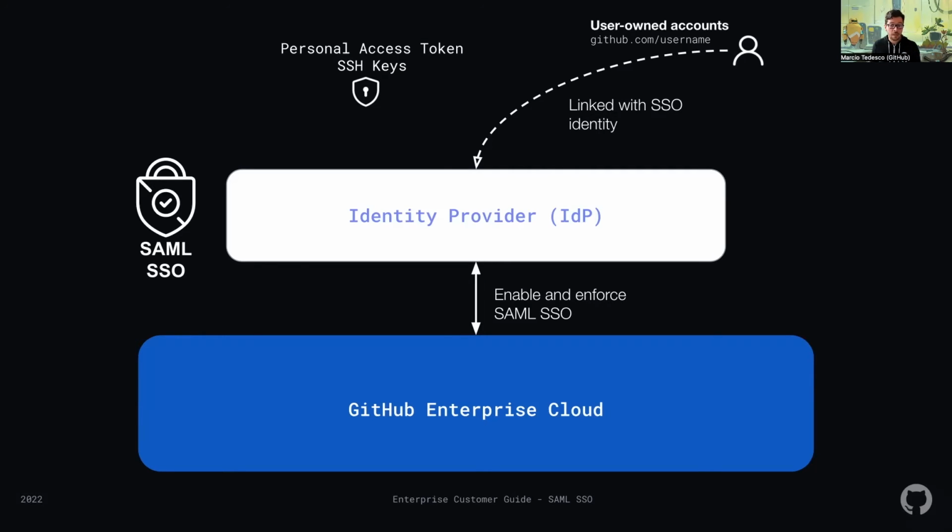So these users will have to authorize these tokens and SSH keys if they want them to continue working as previously after SAML is enabled and enforced. This is a process that has to happen, and it is an extra protection, to ensure you don't have unknown SSH key usage or lingering personal access tokens once you go through this process of enabling and enforcing SAML.